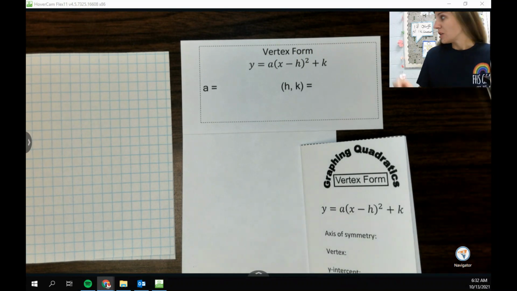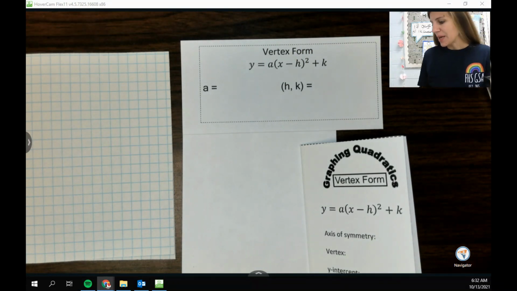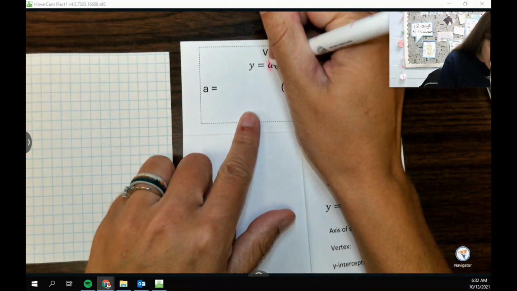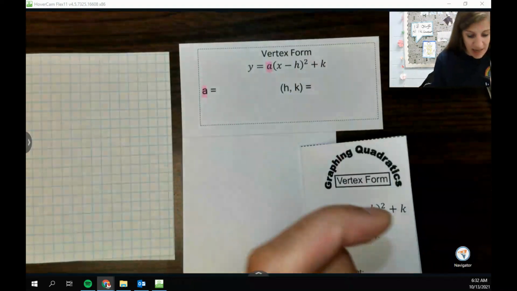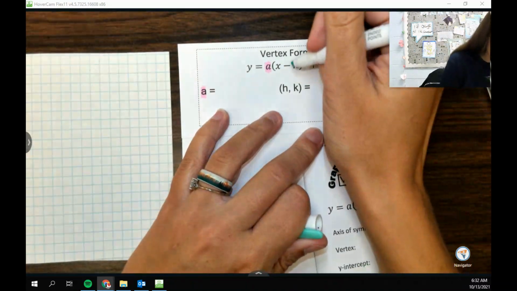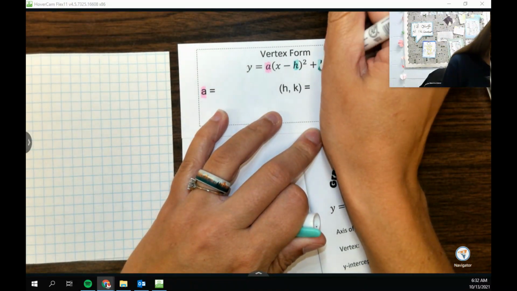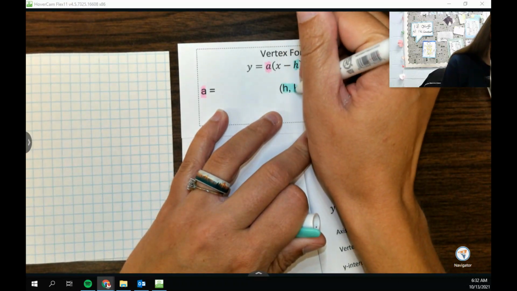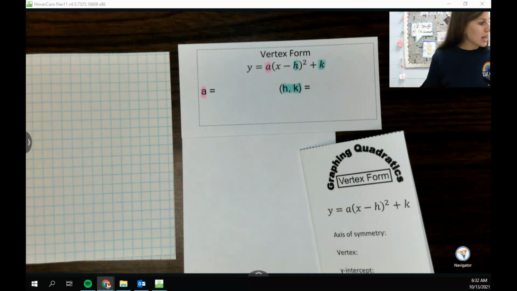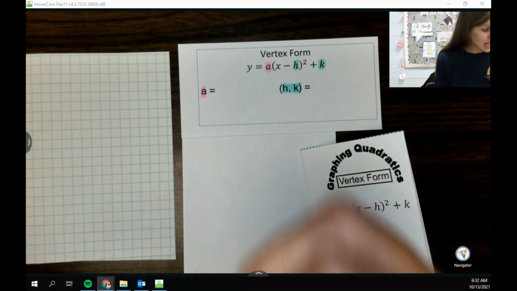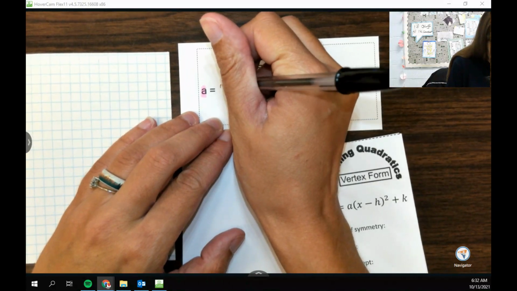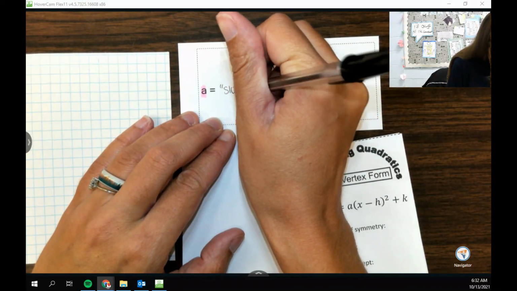It should look very familiar to you because so far this year we have talked about A, H, and K a whole ton. So identifying your A, H, and K values is going to be super important here. Whatever your A value is, it's sort of your slope-ish.